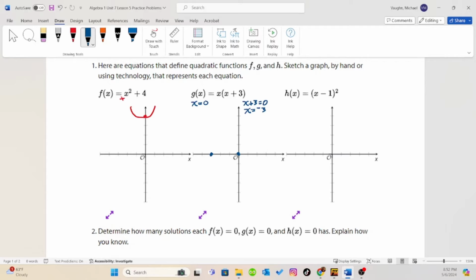If we were to multiply this out, we would have x squared plus 3x. We can see that the x squared term is positive, so we're going to have a parabola that opens upward. So our vertex is somewhere right in between. It's going to go down, come back up, and we have our parabola.